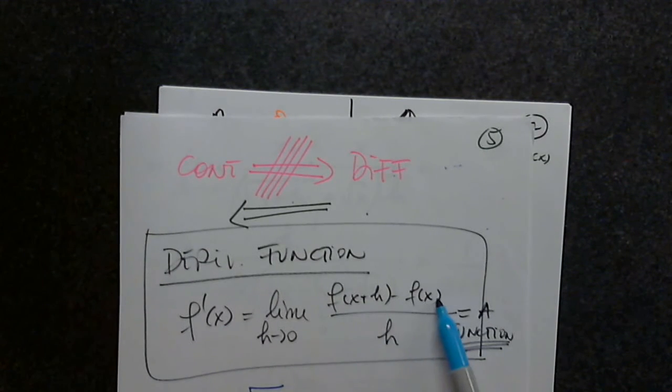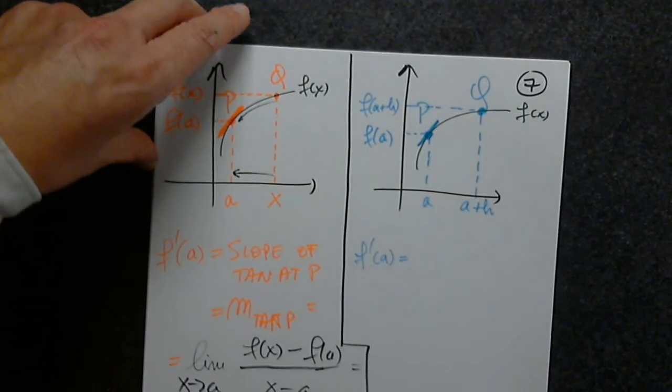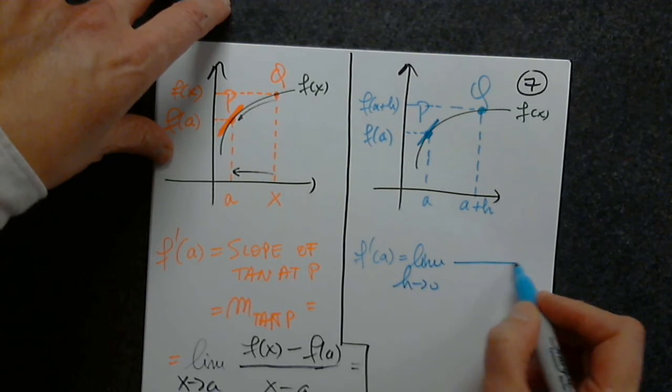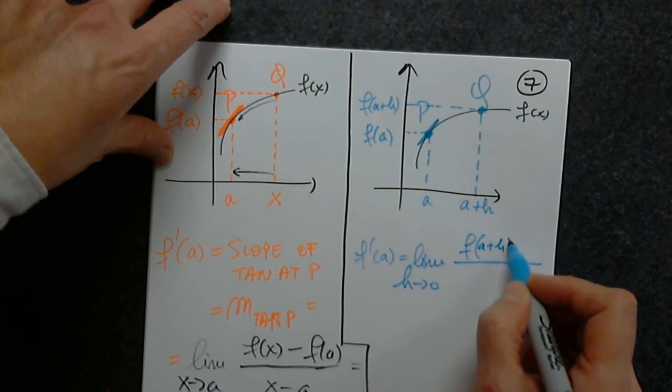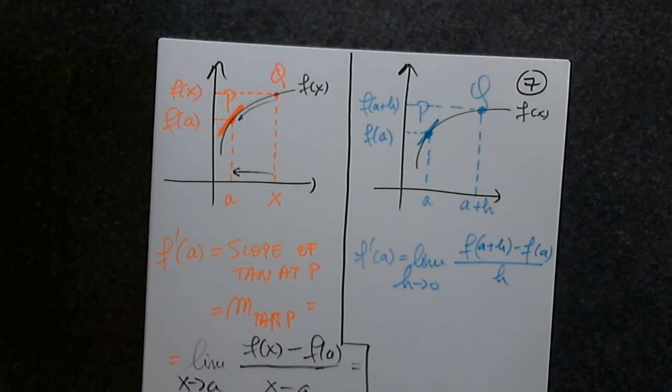Still h approaches 0, still h in the denominator. So the second option would be the limit as h approaches 0 of f of a plus h minus f of a, divided by h. So everything is exactly the same.